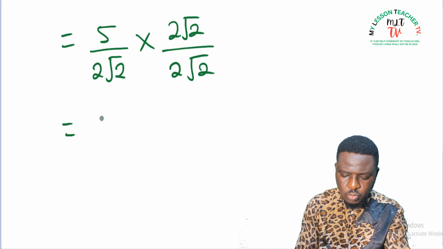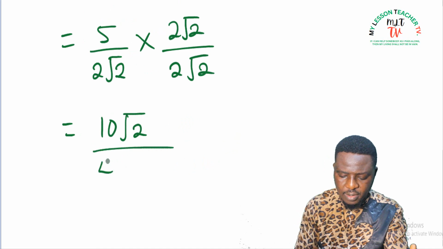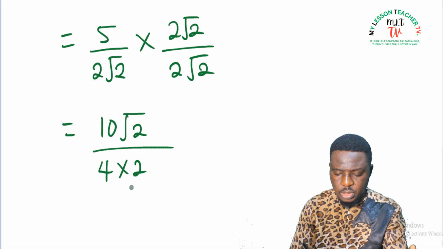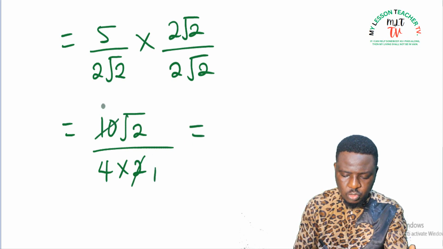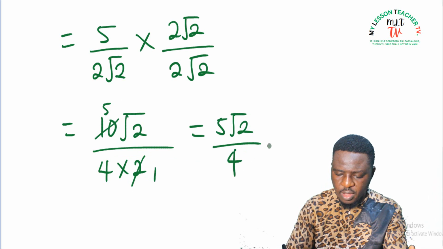So this is equal to 10 root 2 divided by 4 times 2. For 2 times 2 is 4, root 2 times root 2 is 2. So this is equal to, I will first of all simplify. 2 can divide, 2 into itself is 1, 2 into 10 is 5. So we have it to be 5 root 2 over 4.